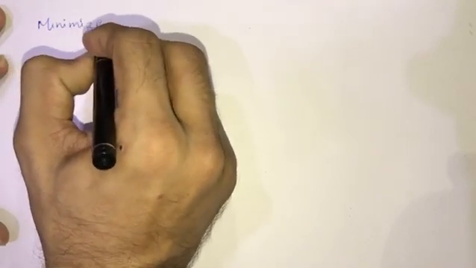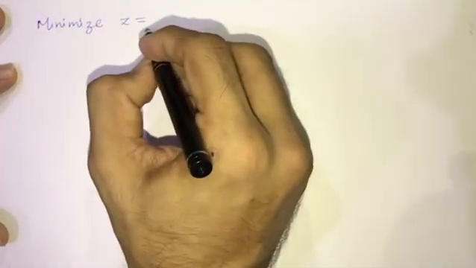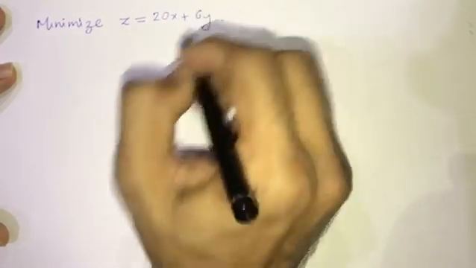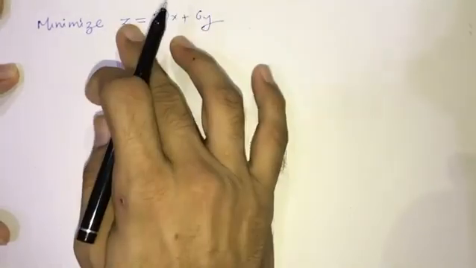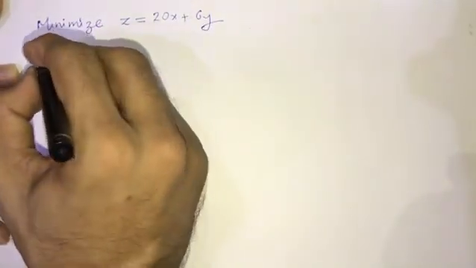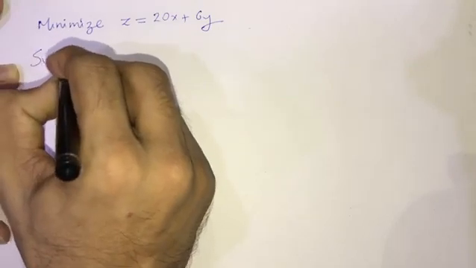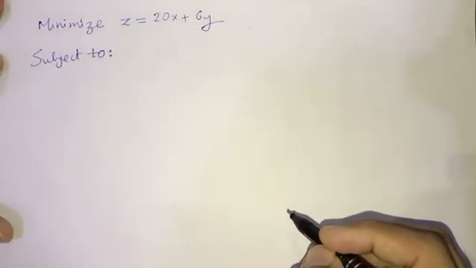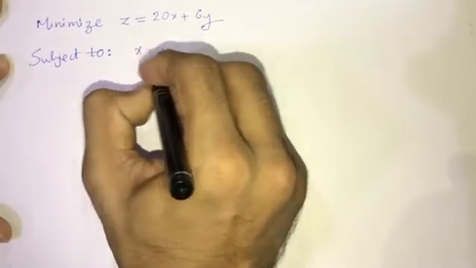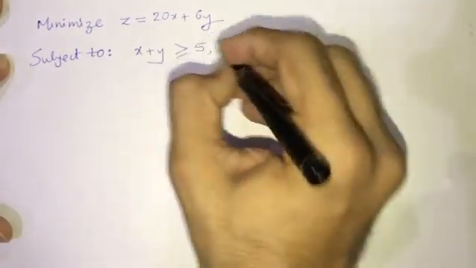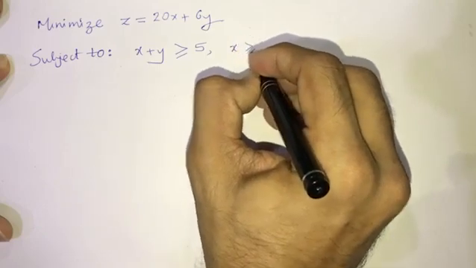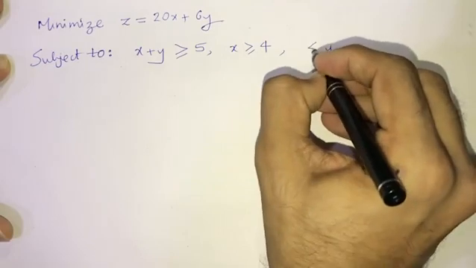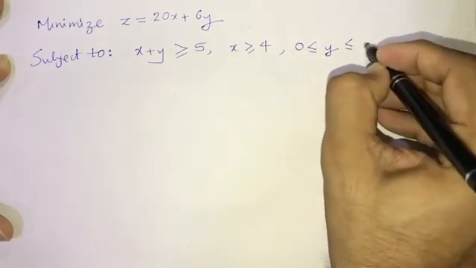Minimize z equals 20x plus 6y, subject to x plus y greater than or equal to 5, x greater than or equal to 4, y greater than or equal to 0 but less than or equal to 2.